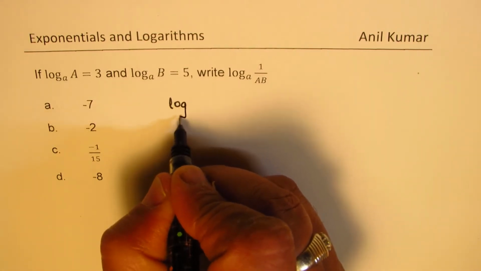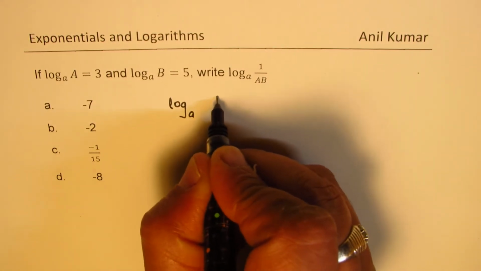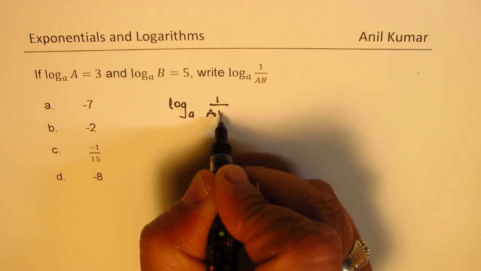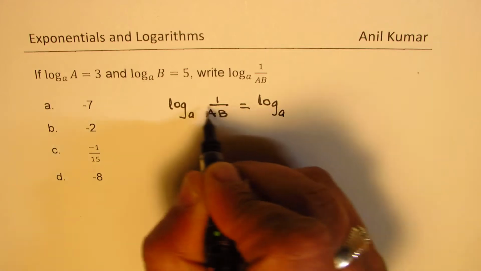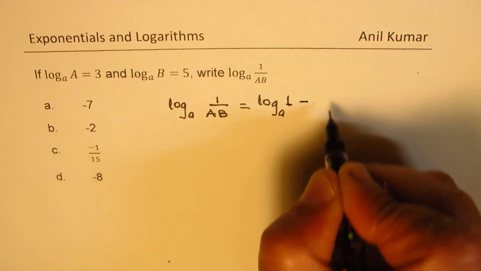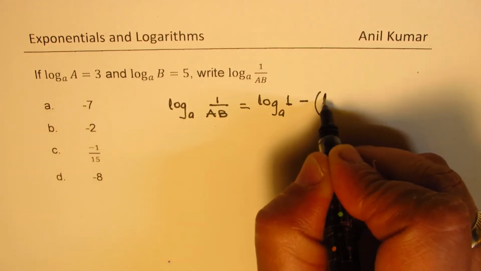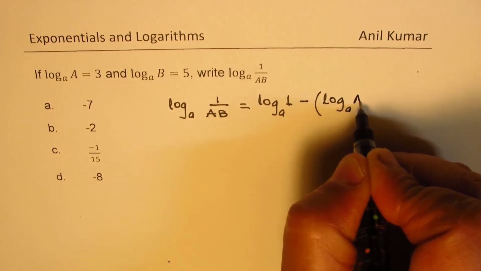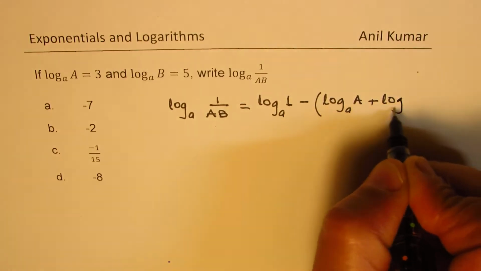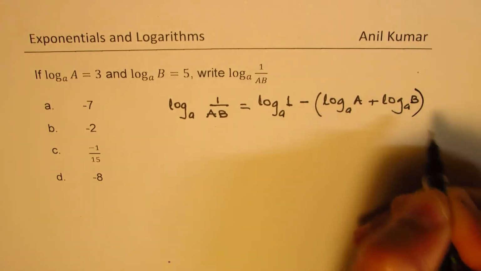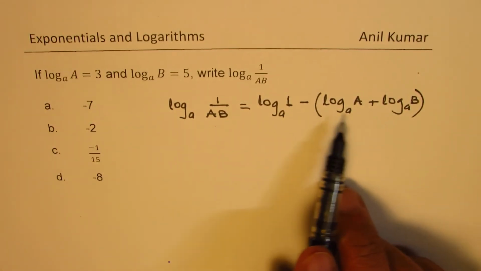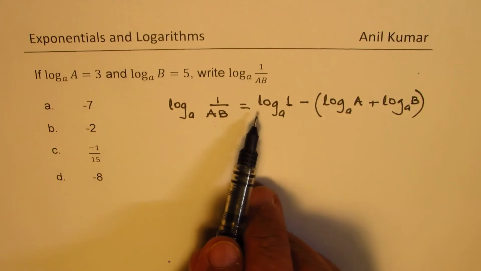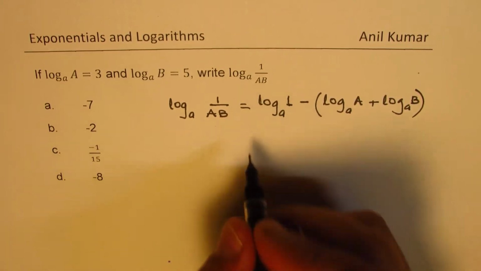So when I say log to the base a of 1 over ab, it really means we could write this as log to the base a of 1 minus, within brackets, let me write log to the base a of a plus log to the base a of b, right? So if you write the brackets, then it's absolutely clear, you don't make a mistake. Now log to the base a of 1 is 0, right?